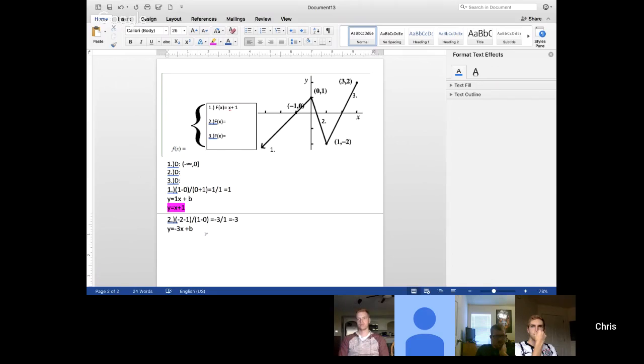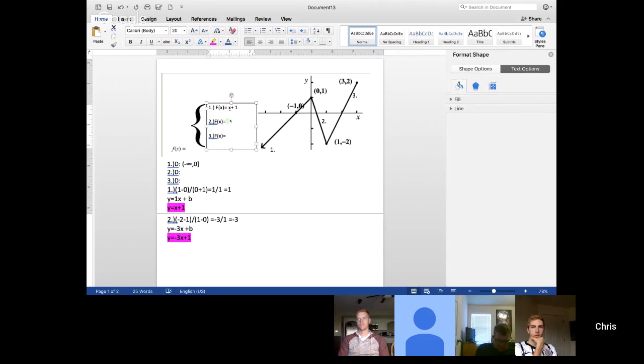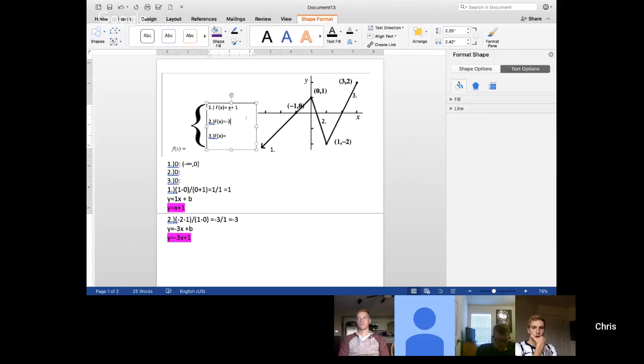It's already shown on the graph. Yeah. So that equals negative 3x plus 1.